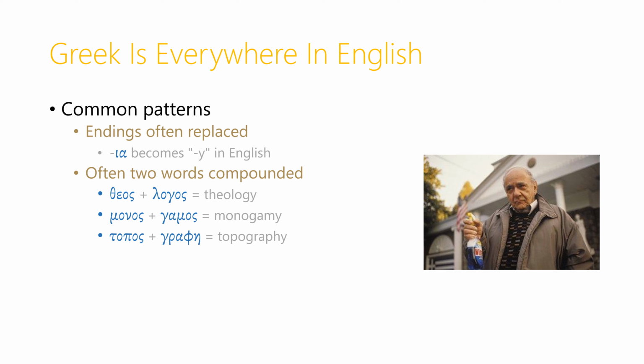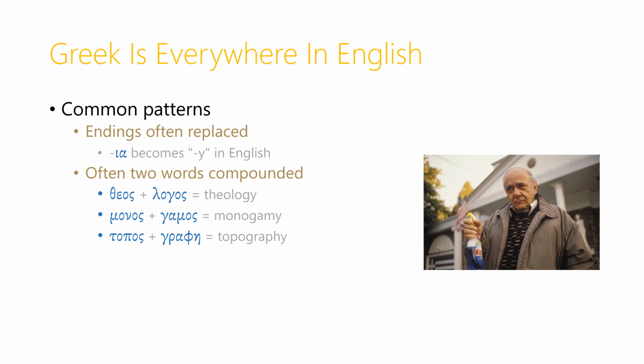We see the ending of the last word dropped off and replaced by Y. So theos, meaning God, plus logos, meaning speech or discourse, becomes theology, discourse about God. And the os at the end of logos is dropped off and replaced by Y.